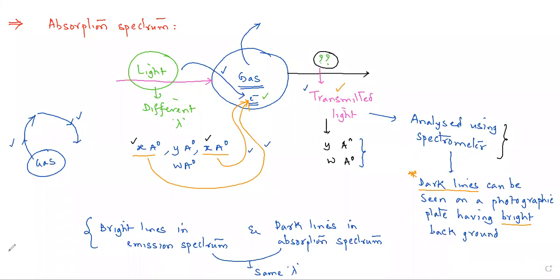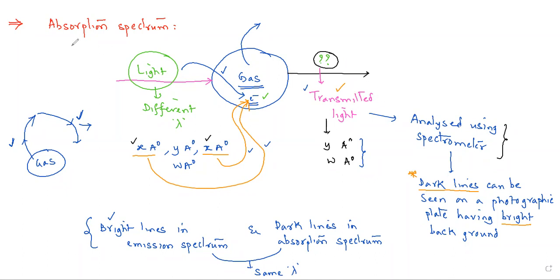That is the reason why when you analyze the emitted radiations, you get bright lines. And of course, you cannot analyze the absorbed one. You can only analyze the transmitted one. I told you, because they have already been absorbed and the electrons have just gone up to higher energy levels. The only thing we can do is analyze what has come out of the gas, the transmitted light.